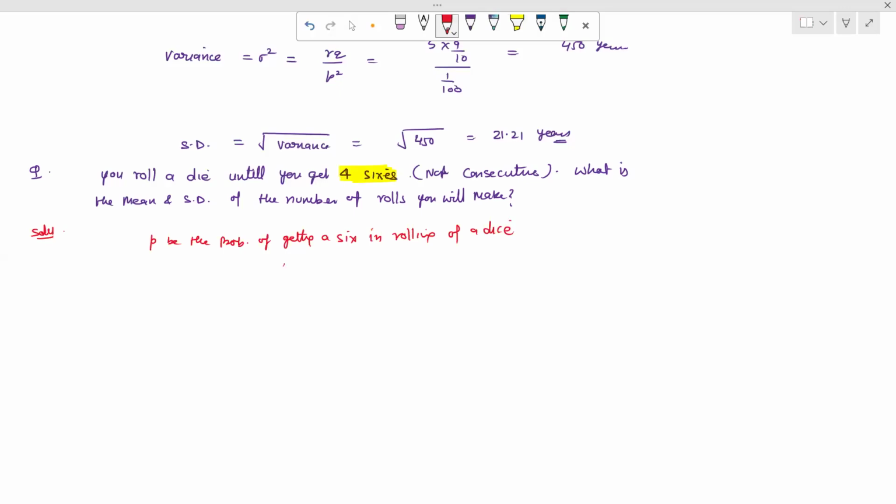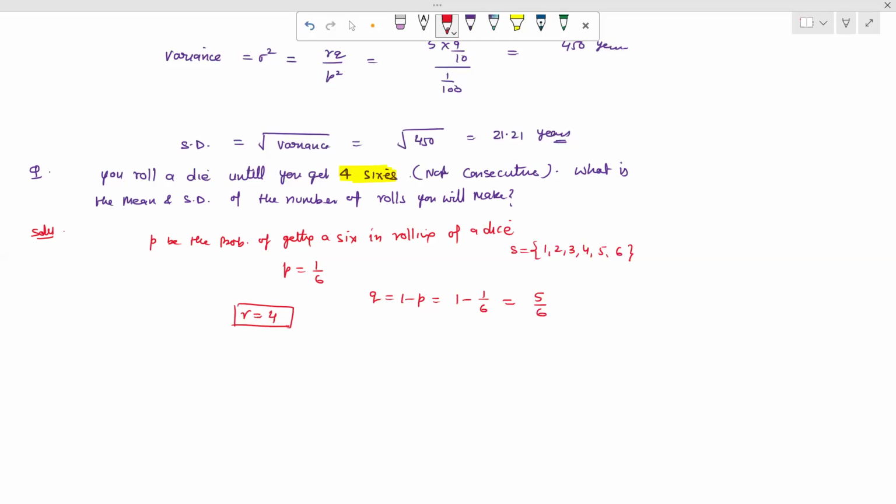This will be 1 by 6, because the sample space S has 6 elements, 1, 2, 3, 4, 5 and 6, each having probability 1 by 6. So P is equal to 1 by 6 and R is fixed. So when R is fixed, we can calculate Q. Q is equal to 1 minus P, so 1 minus 1 upon 6 is equal to 5 by 6.